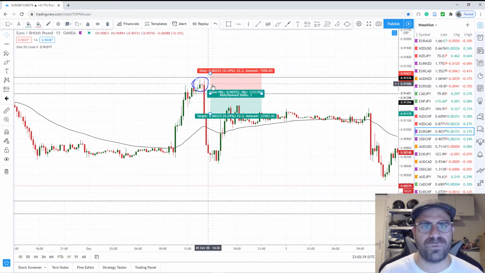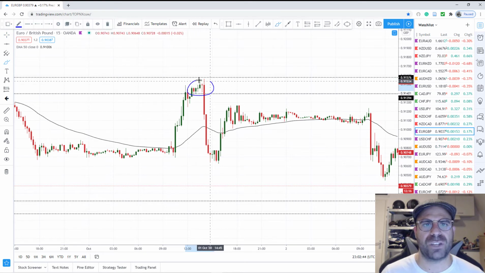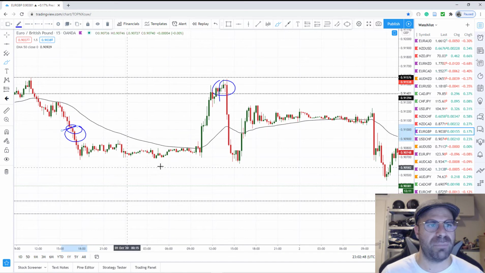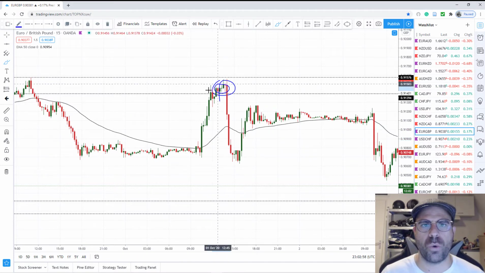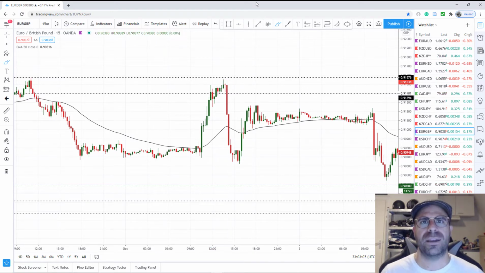So if you trade this formation for some reason, if this formation happens here in the middle of nowhere, even though it might win a couple of trades, you will not make money like that. But if you trade it in a zone like that over here, then the pattern has significance. Then the pattern has value. And this is the whole secret. And this is why this video title is Support and Resistance Secrets.